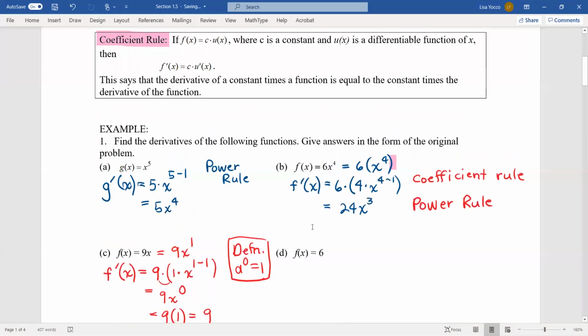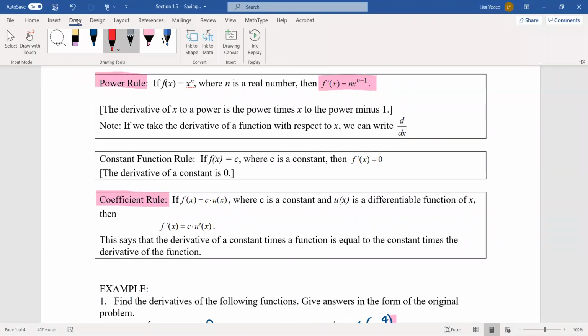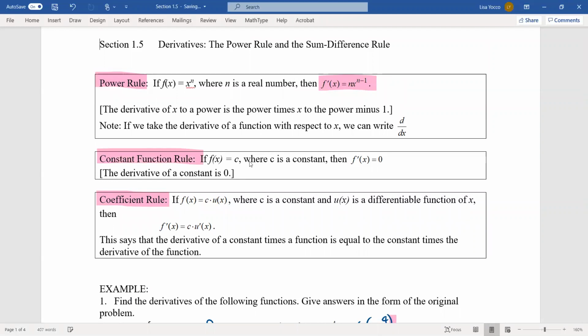For part D, that is the constant function rule up here. Okay, if you remember, we had a special rule for the limit of a constant. Well, we have a special rule for the derivative of a constant. There it is. The derivative of a constant is 0.